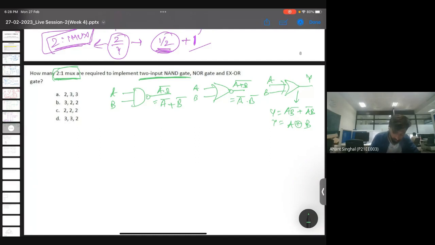One of the main things I need to add here is that mux is a universal gate. Using mux, you can derive any logic or Boolean expression.